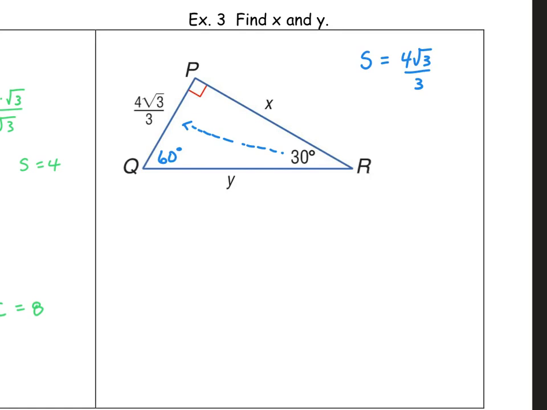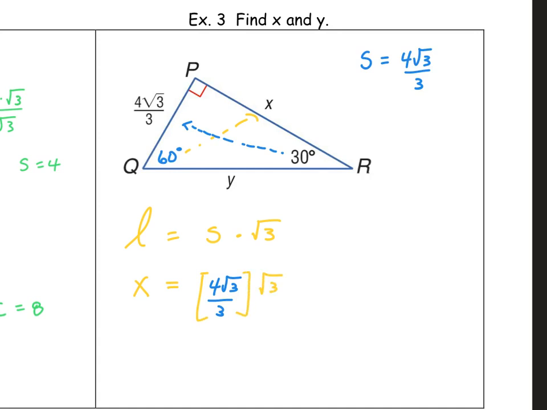So x in this situation is going to be opposite the long side. So I'm going to write my formula. The long side is equal to s times the square root of 3. So in this situation, the long side is x. So x equals, and we saw already that the short side is 4 square roots of 3 divided by 3. And I have to multiply that by the square root of 3.